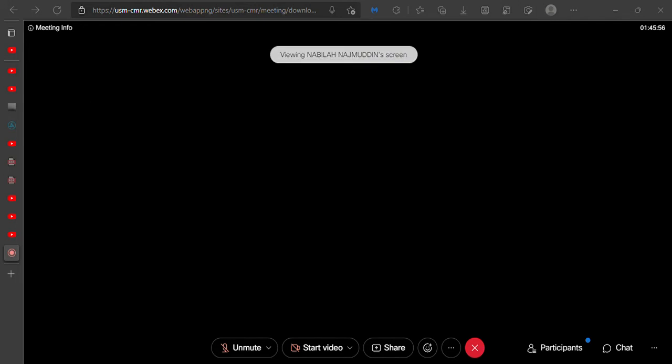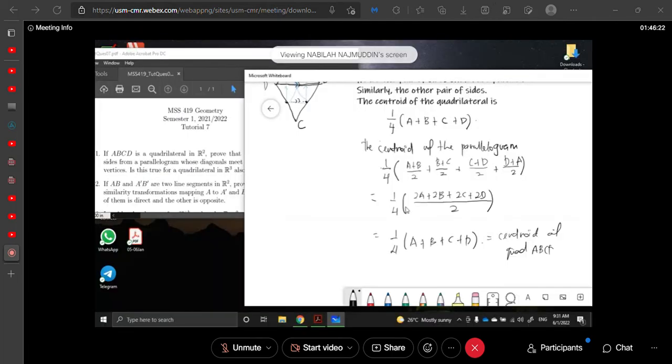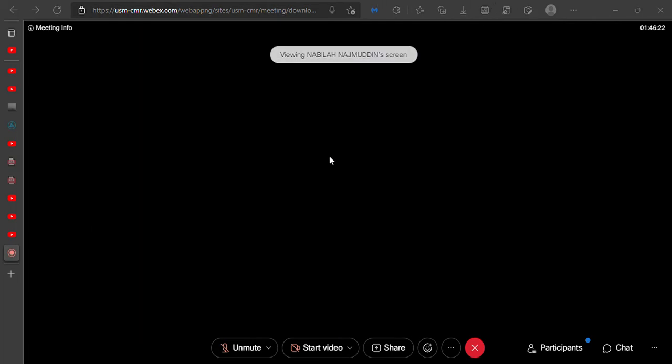So we obtain the centroid of the quadrilateral to be A plus B plus C plus D over 4.